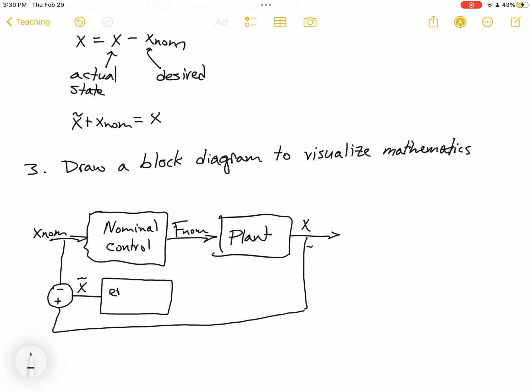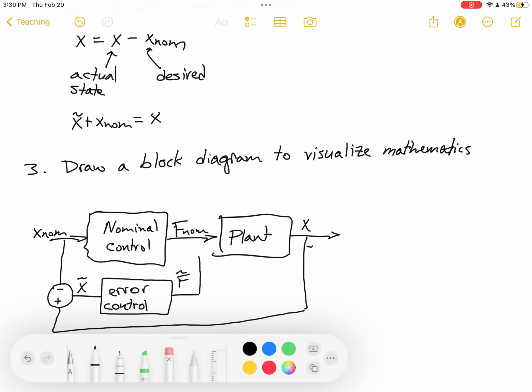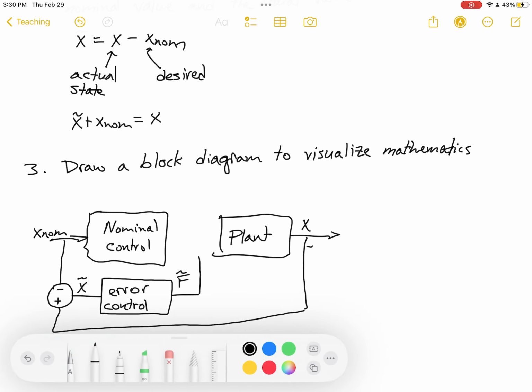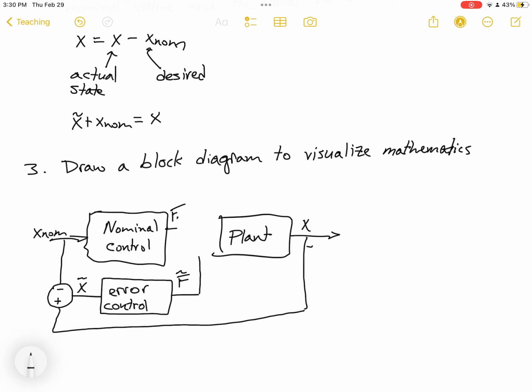And then we define some error control law. We do some math on this error to come up with F tilde or some other force that we're going to add to F nominal. So I'll bring this up here. We still have F nominal coming out of nominal control, but we'll go ahead and add those two forces together.